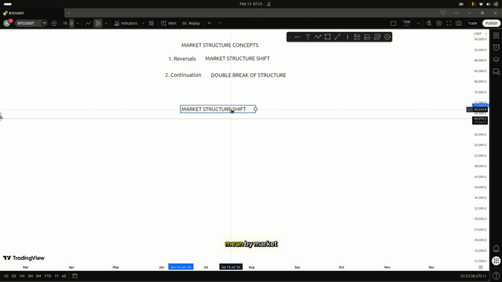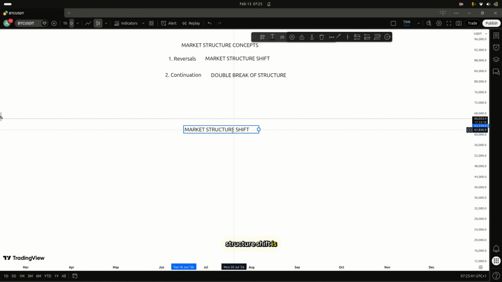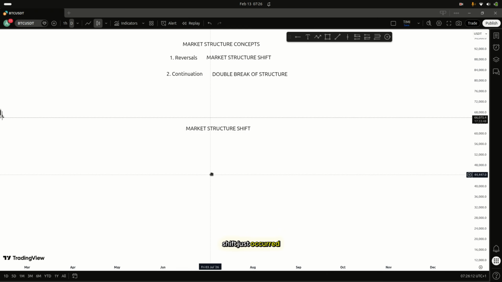What we mean by market structure shift is that immediately price deviates from making a series of higher highs and higher lows, a market structure shift just occurred. That is for a buy scenario, or when price is in an uptrend. When price is in a downtrend, immediately price deviates from making a series of lower highs and lower lows, a market structure shift just occurred.